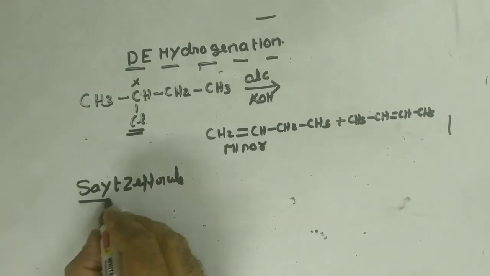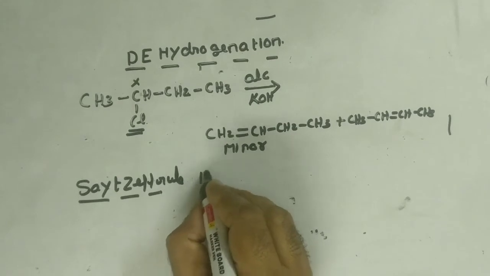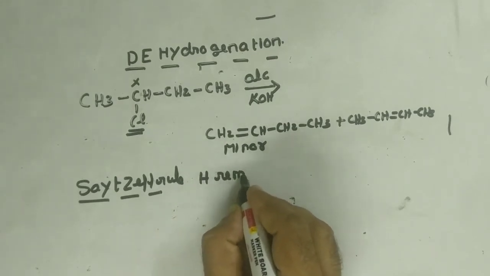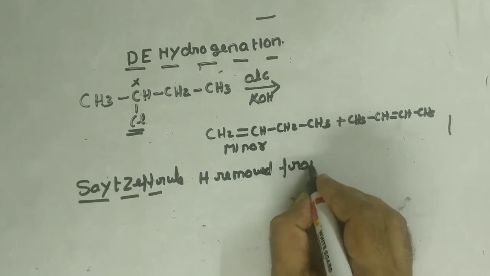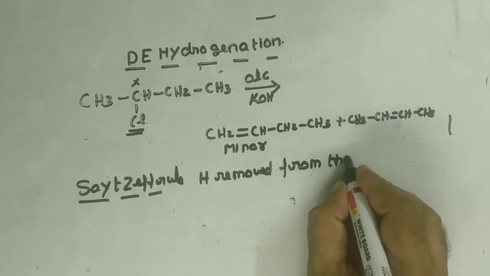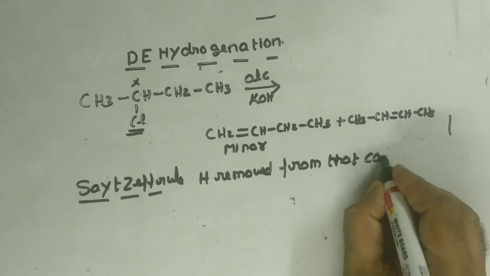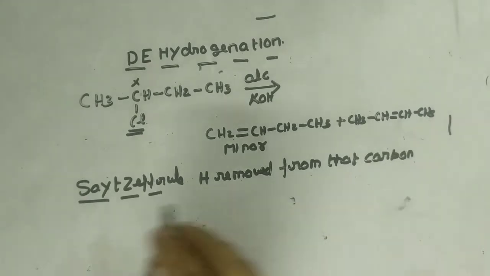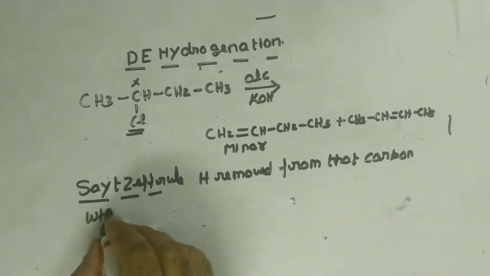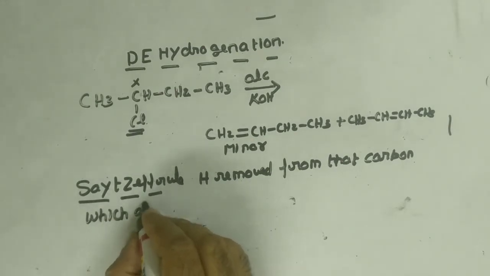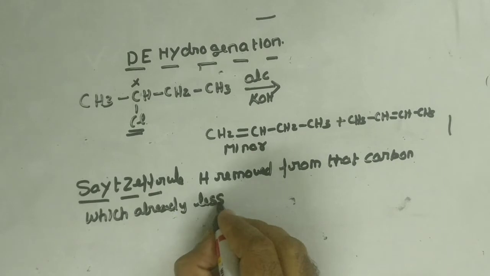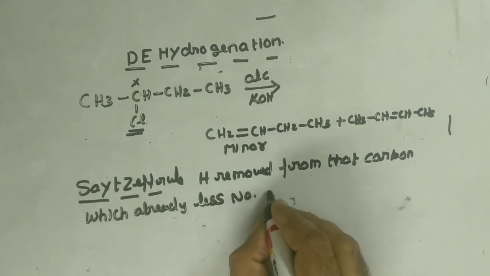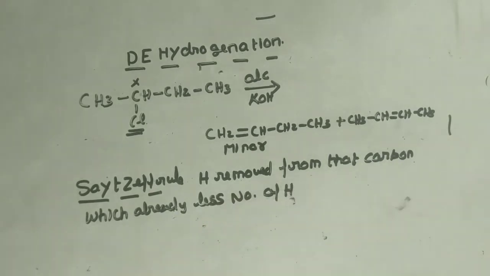What does the Saytzeff rule say? That hydrogen is removed from that carbon which already has less number of hydrogen. We have done this even in the case of the alcohol.